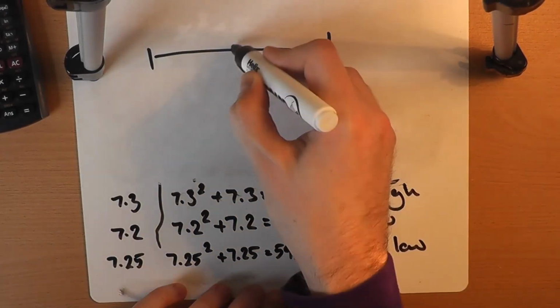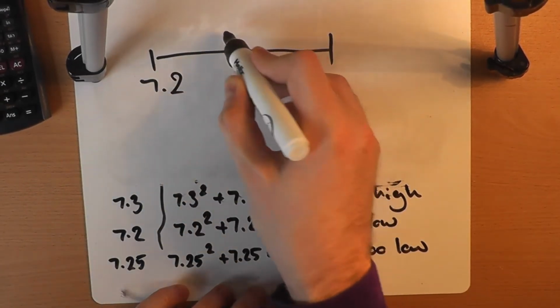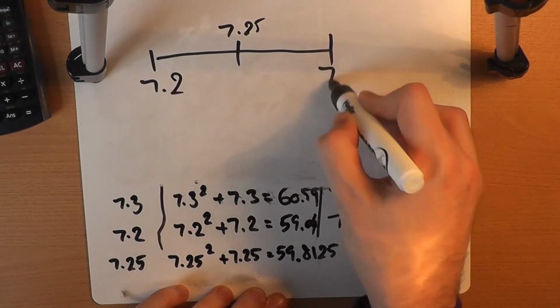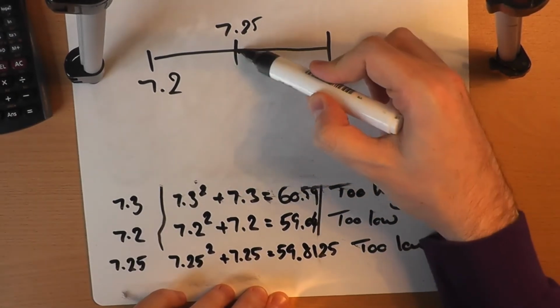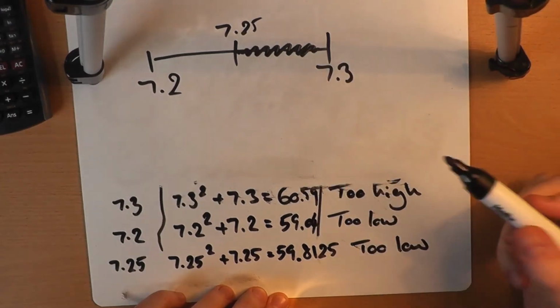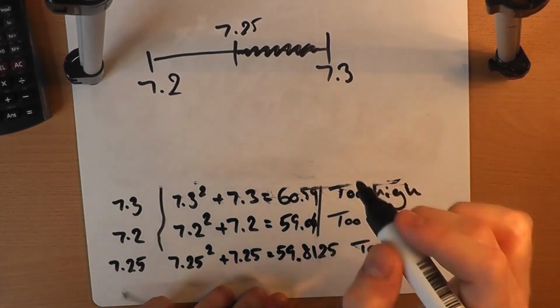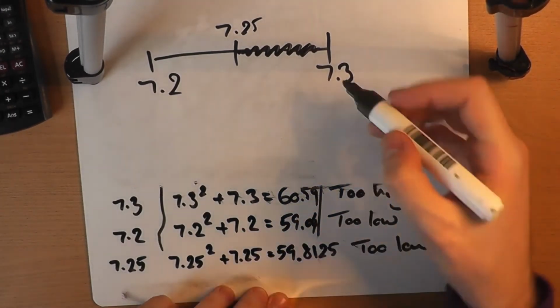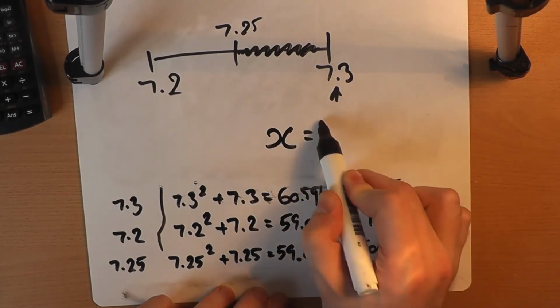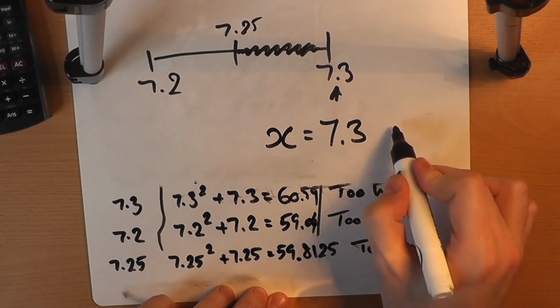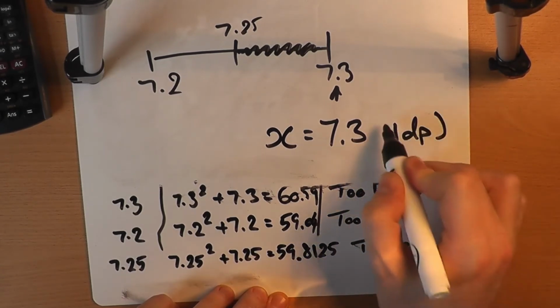Think about it on a number line. There's 7.2, there's the 7.25, and there's 7.3. If 7.25 is too low and 7.3 is too high, our answer is somewhere in here, and anything in there will have to round, when you round it to one decimal place, to 7.3. So our final answer is x equals 7.3, correct to one decimal place.